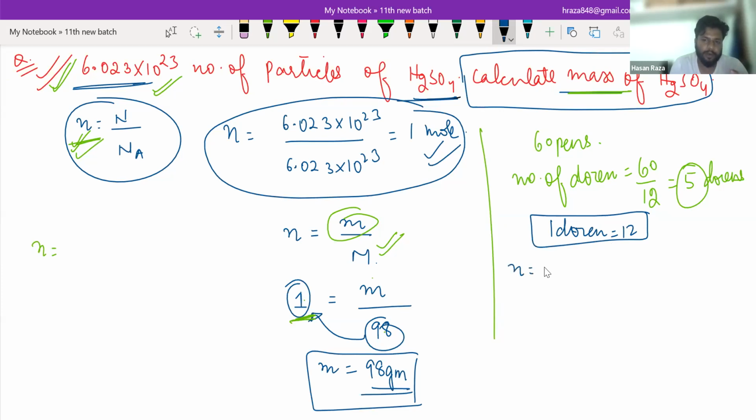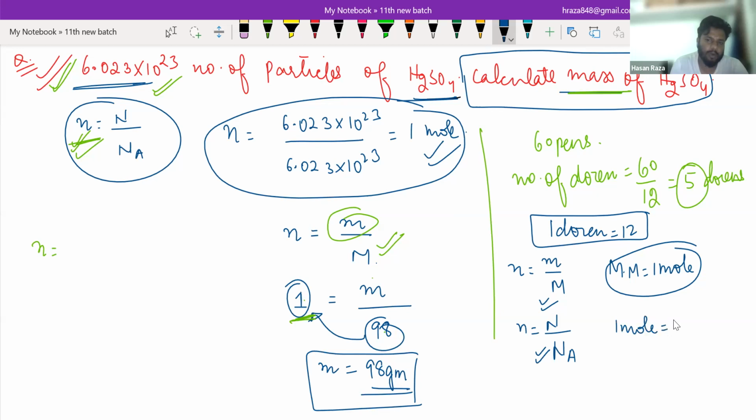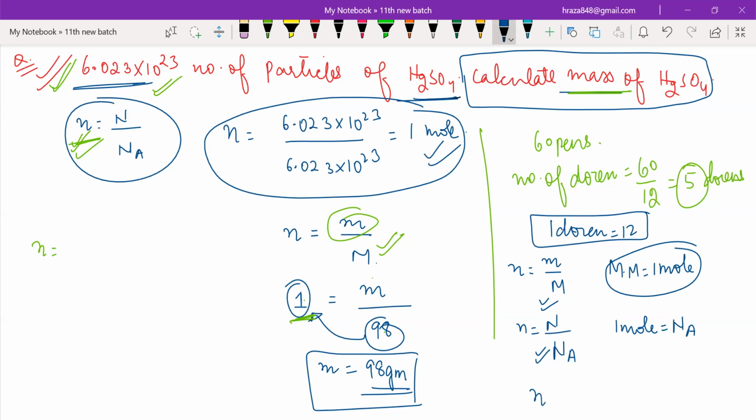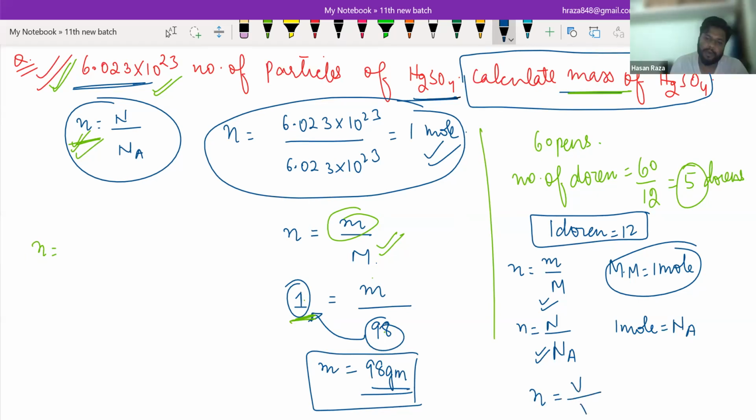Now we have three formulas. Number of moles is equal to given mass upon molar mass. If you are dividing by molar mass, that means molar mass is equal to 1 mole of any compound. Number of moles is equal to given number of particles upon Avogadro number. If you are dividing by Avogadro number, you already know that 1 mole is equal to Avogadro number. And given volume upon molar volume, you also know that 1 mole is equal to molar volume, that is 22.4 liter.